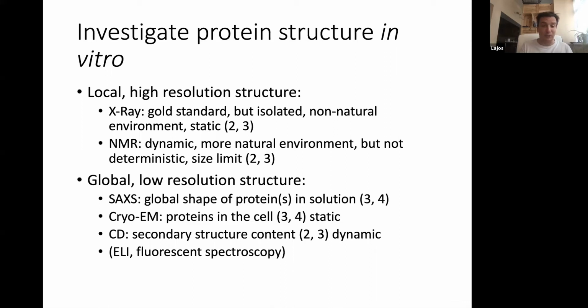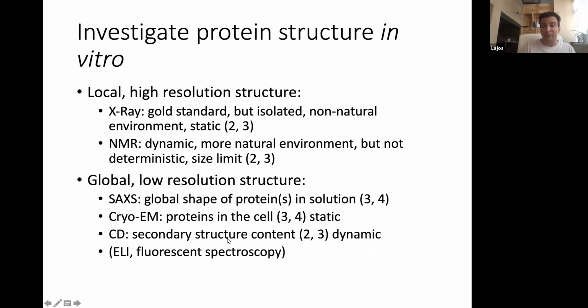It's not a huge challenge. And the NMR size limit is somewhere around 150, 250. So you cannot really go above that amount of amino acids. So if you have a larger domain, you won't really be able to identify the structure with NMR.